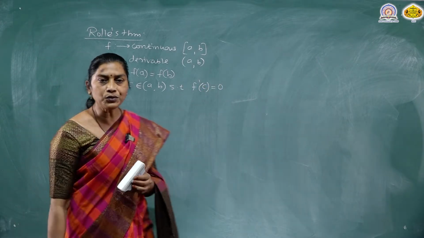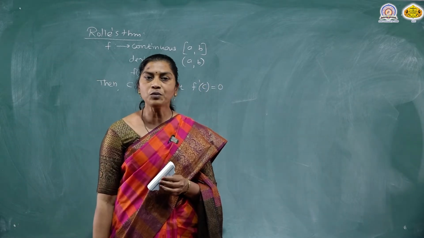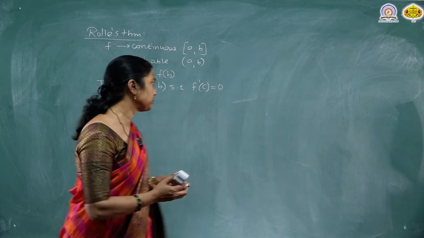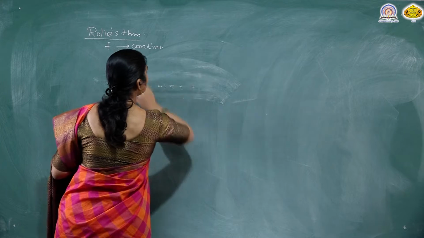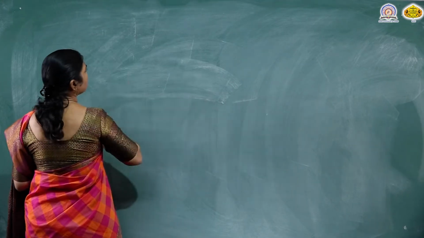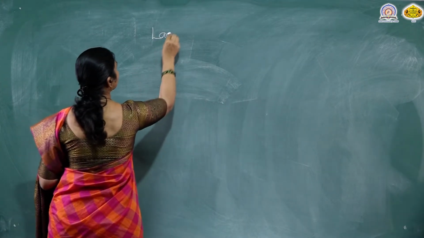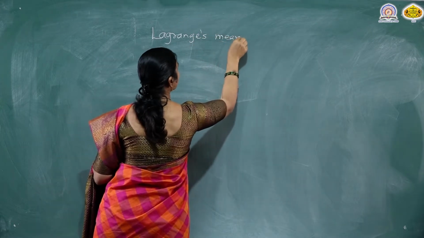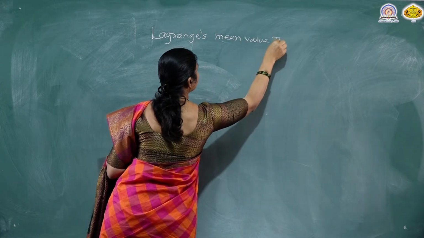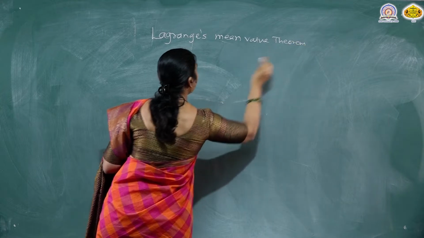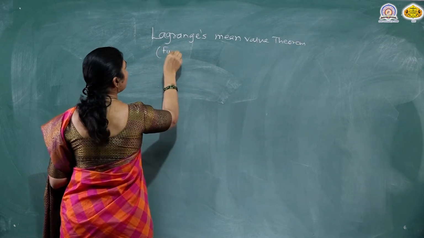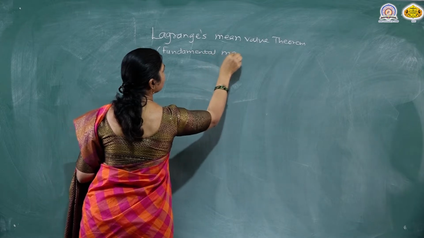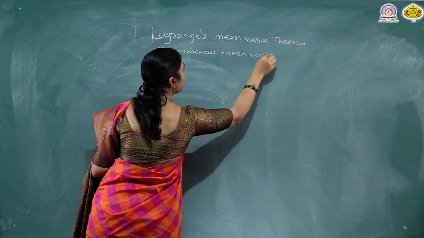Today we are going to see one of the consequences of this Rolle's theorem known as Lagrange's mean value theorem. This is also known as fundamental mean value theorem or simply mean value theorem.